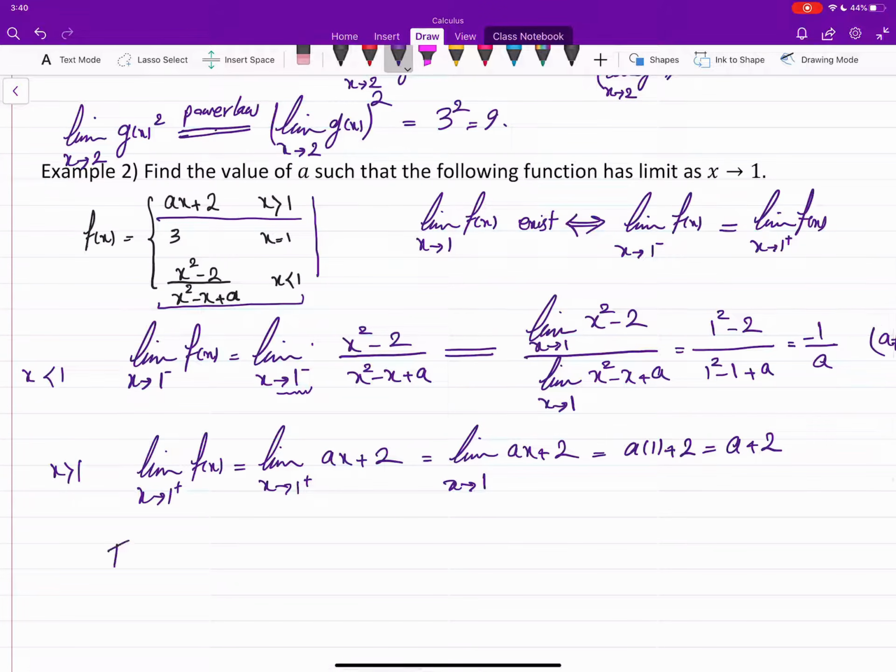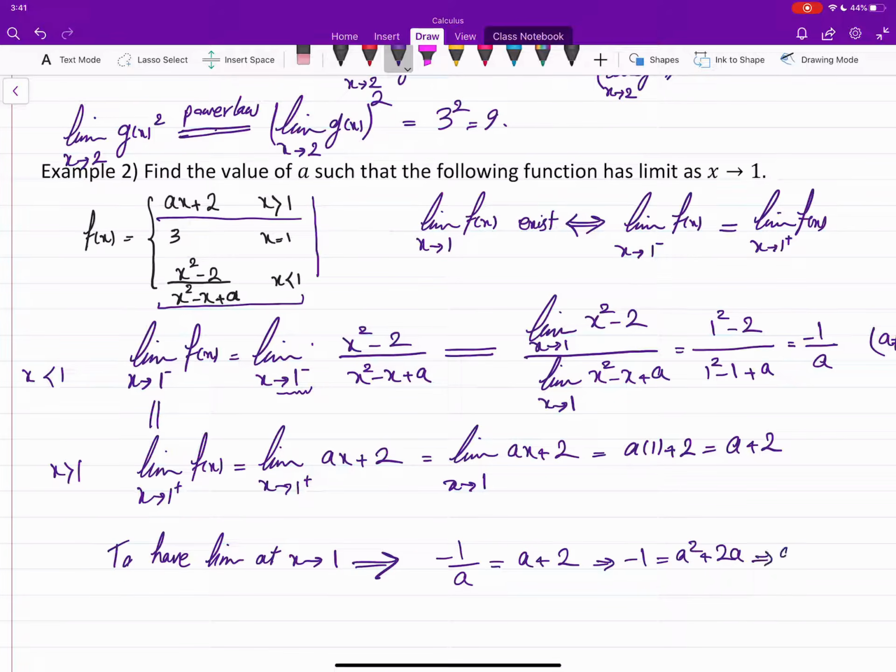To have a limit at x approaching 1, we have to make sure that these two are equal. Left and right are equal, yes? So it means that negative 1 over a needs to be equal to a plus 2. As a result, negative 1 equals a squared plus 2a.